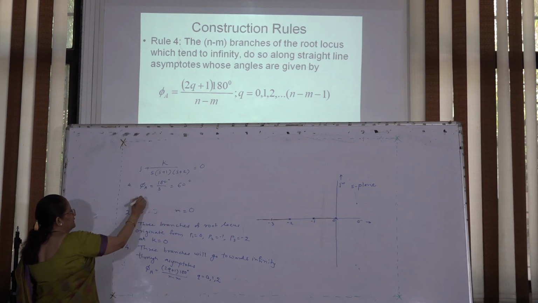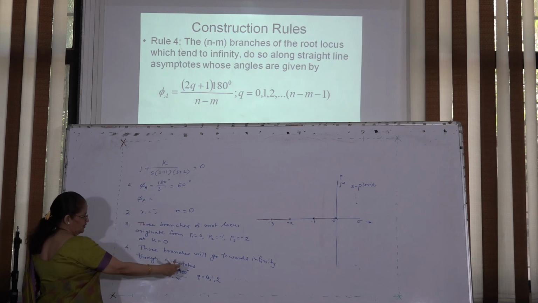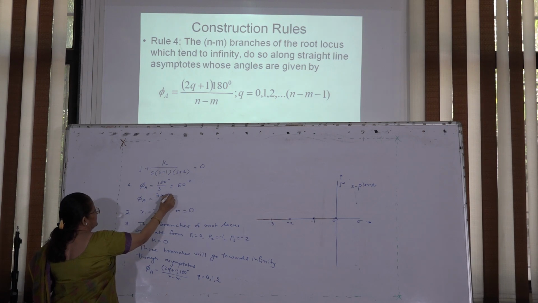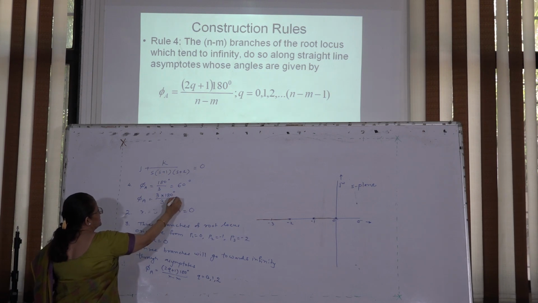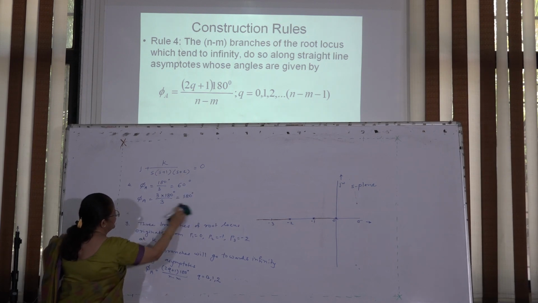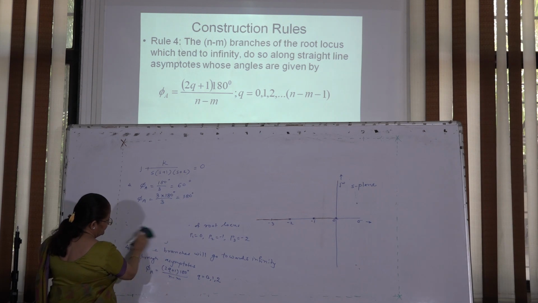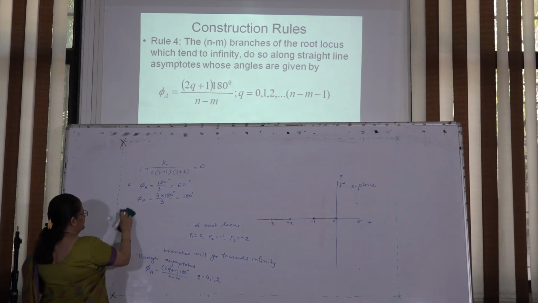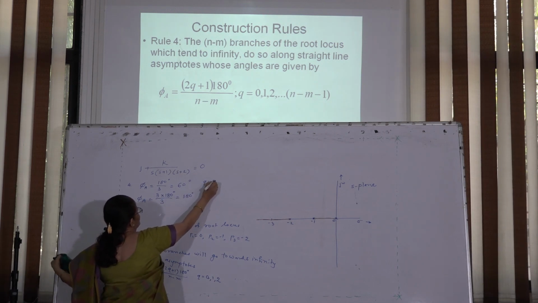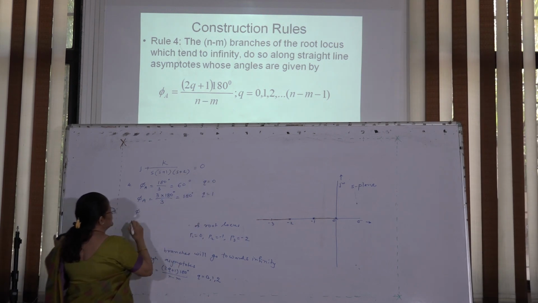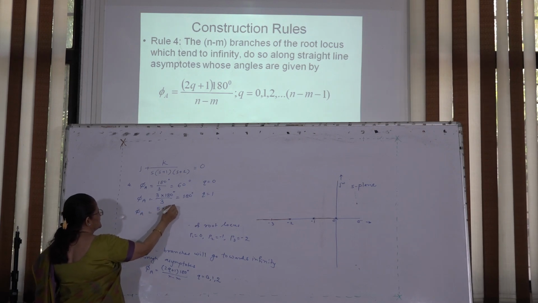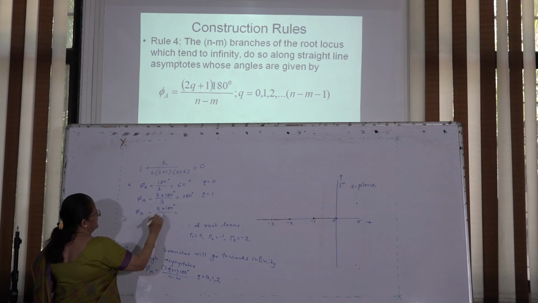Second angle will be, now consider q is 1. So, 3 into 180 upon 3. So, it is 180 degrees, and with q is equal to 2, we will get 5 into 180 degrees upon 3.